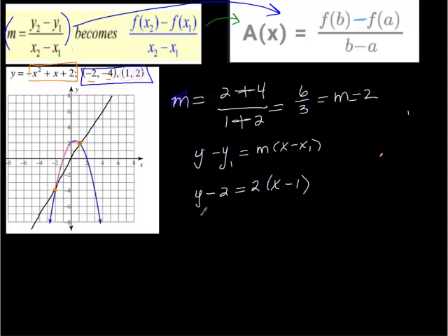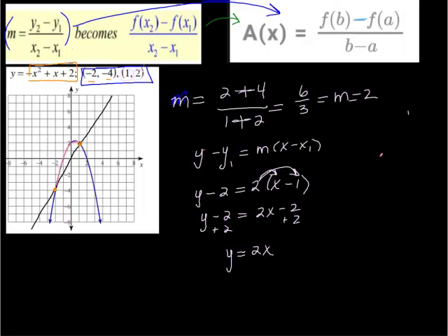This is actually going to get pretty easy, I think. We get y minus 2 is equal to 2x minus 2, just distributing. Then we clean up our algebra some more, and we get y is equal to 2x. So here it is.